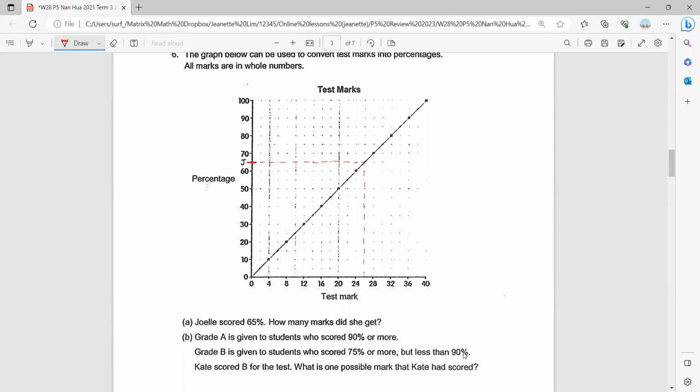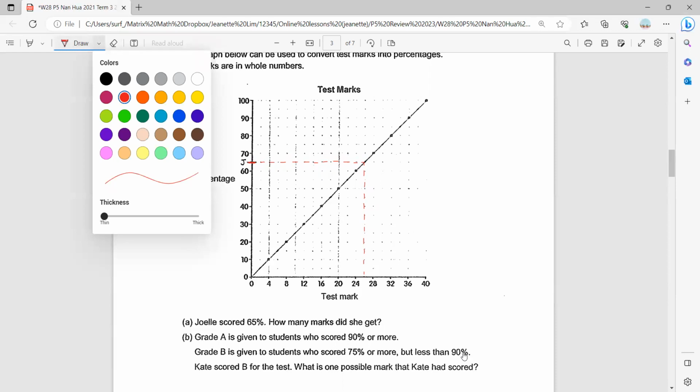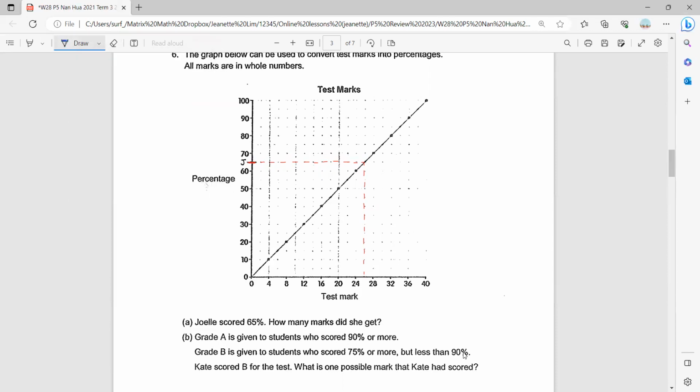Okay, so in terms of percentage, 75, use a different color. So 75% will be here. If I connect it to the horizontal axis, so this is the test marks, this would be 30.